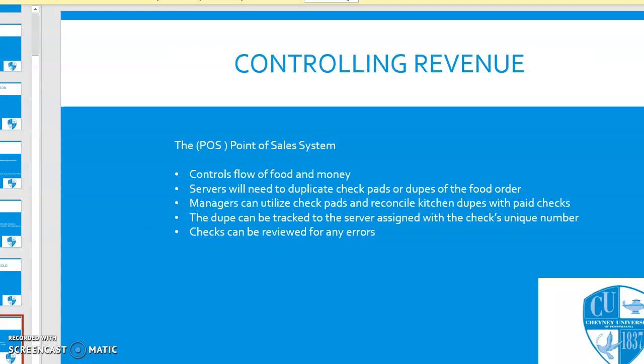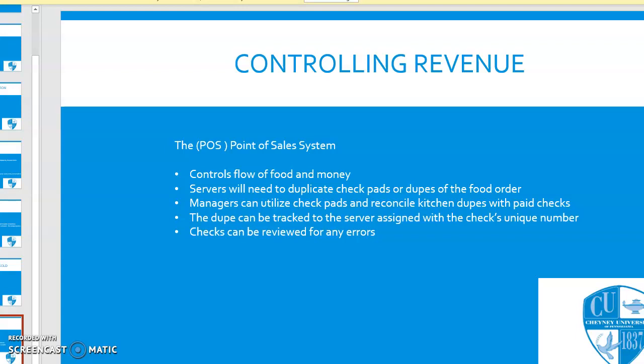And then the importance of having a point of sale system. Every restaurant should have a POS, a point of sale system, because it dictates the control of the food and also money. It keeps tabs on what your servers and employees are doing.